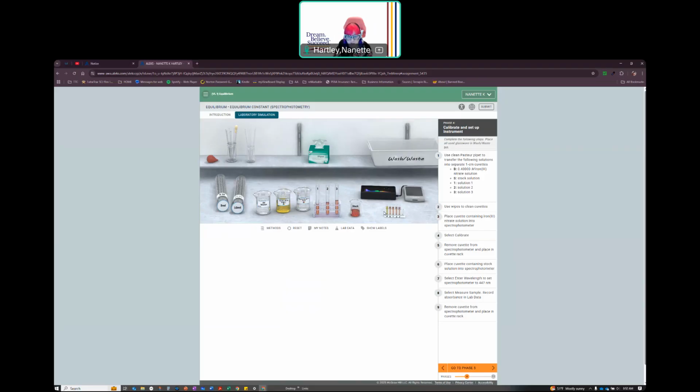And then we're going to place the cuvette containing the iron 3 nitrate solution into the spectrophotometer. We're going to select calibrate. And we're going to remove the cuvette and put it back in the rack.